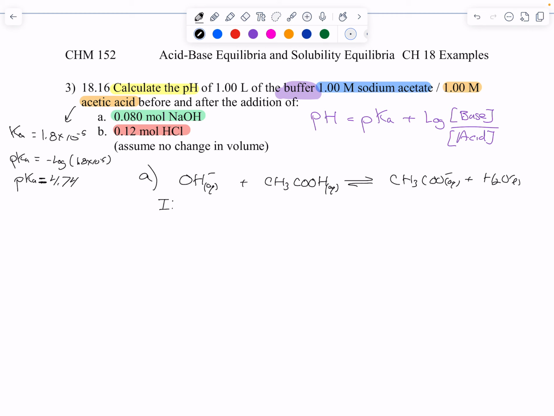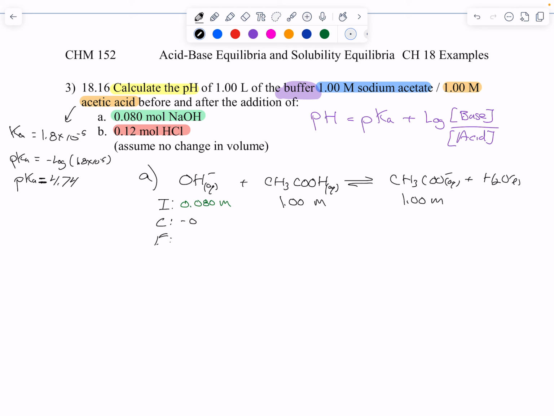All right. Let's do an ice table. So we're going to start with 0.080 molar. And then we have 1 molar of our acid and 1.00 molar of our conjugate base. And we're not changing the volume, so we're making assumptions here.